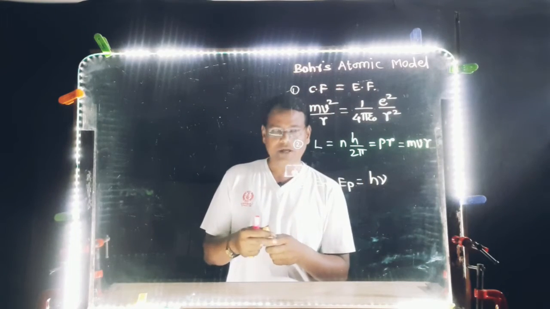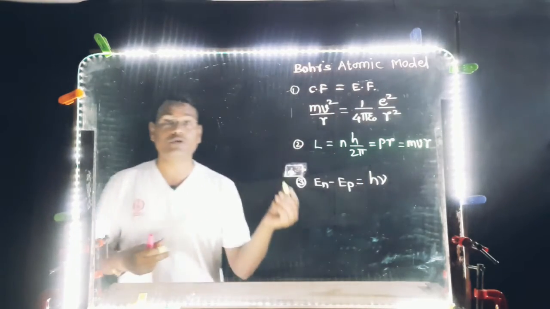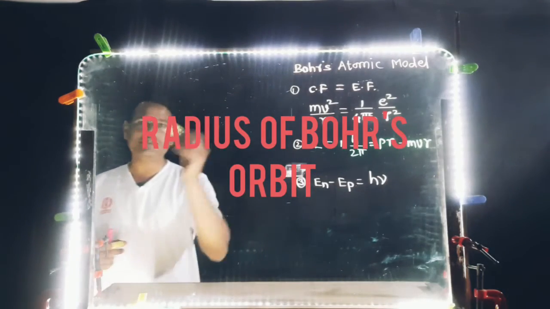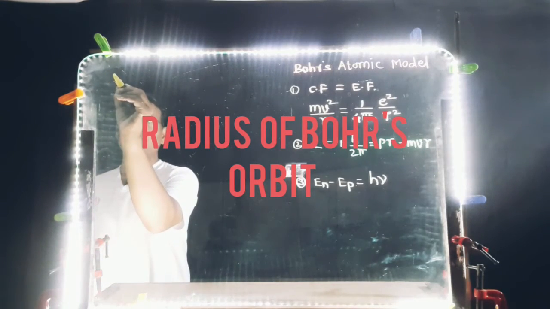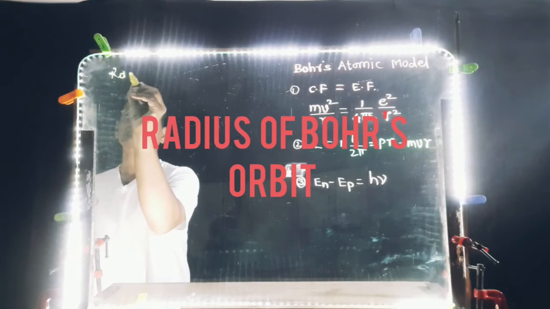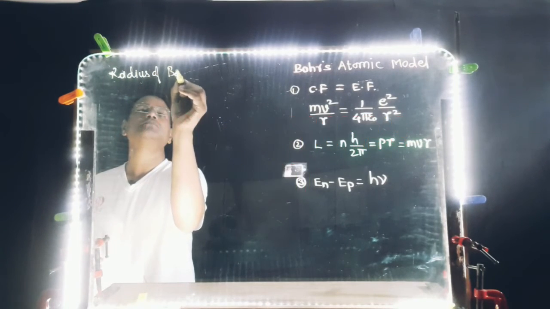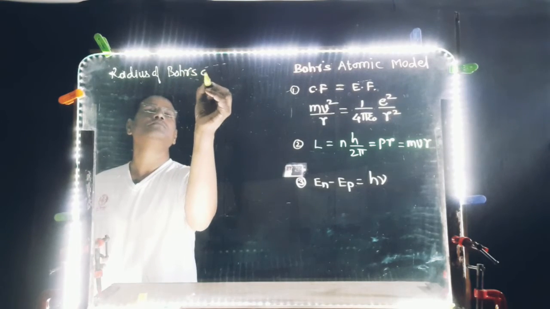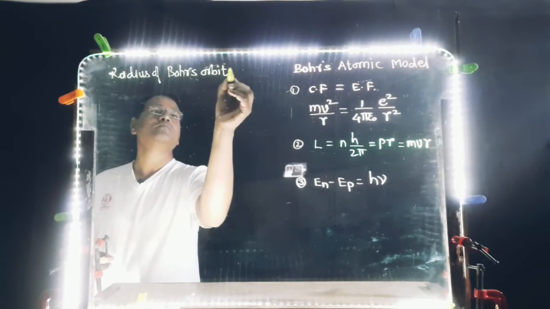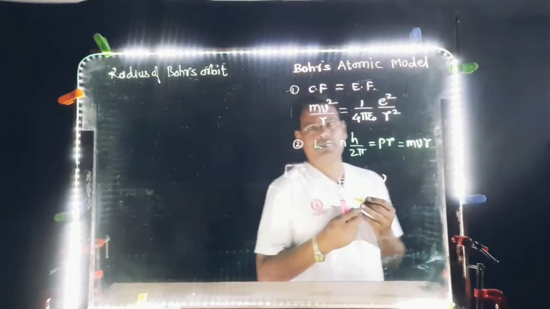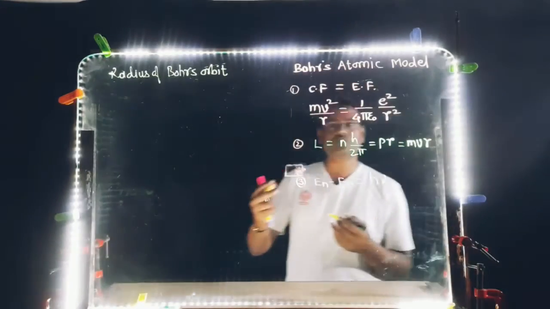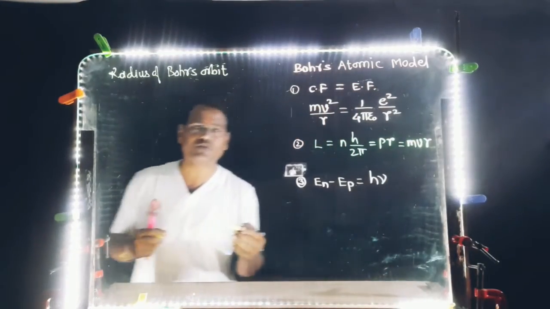Now we have to obtain an expression for the radius of Bohr's orbit. So let us find the radius of Bohr's orbit. These are the postulates. These postulates we have to use to find the radius of Bohr's orbit.